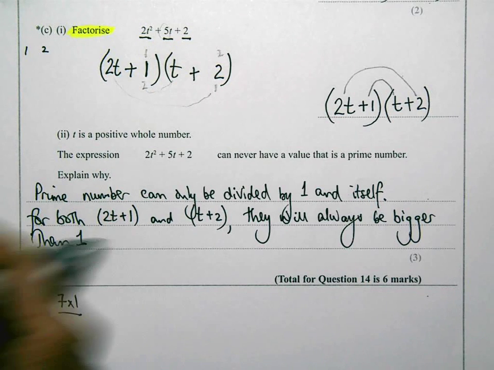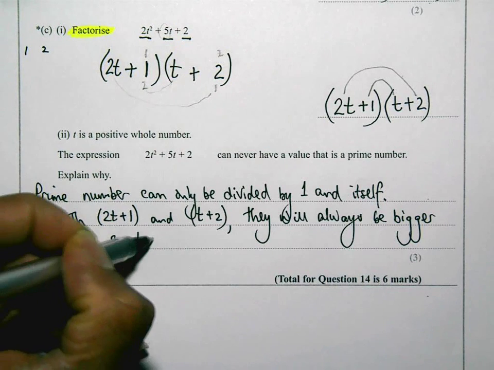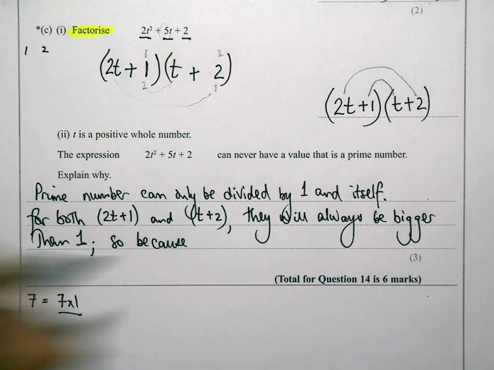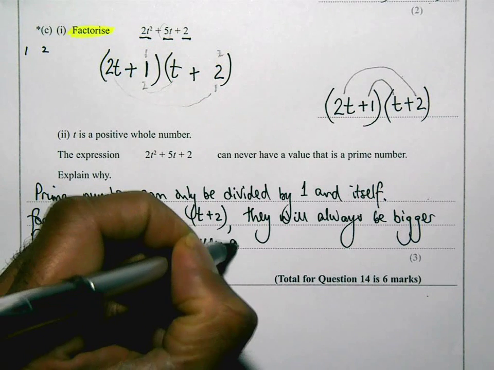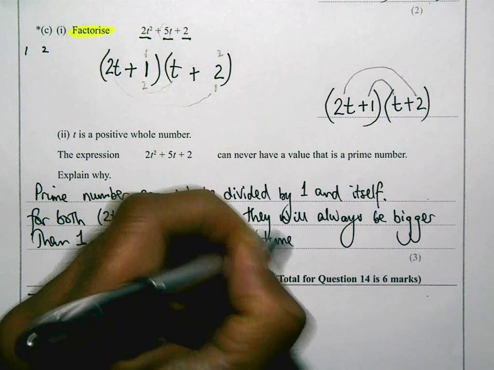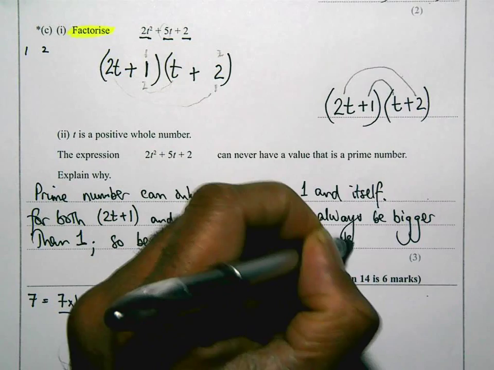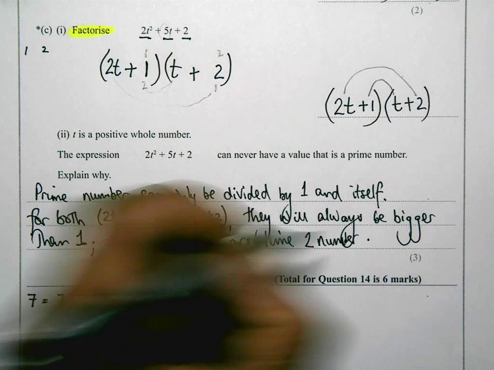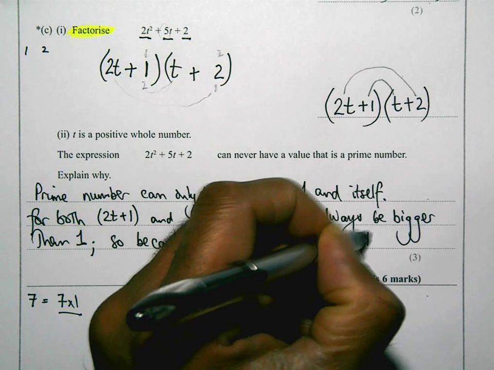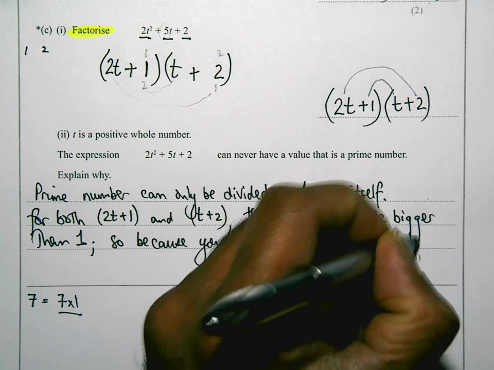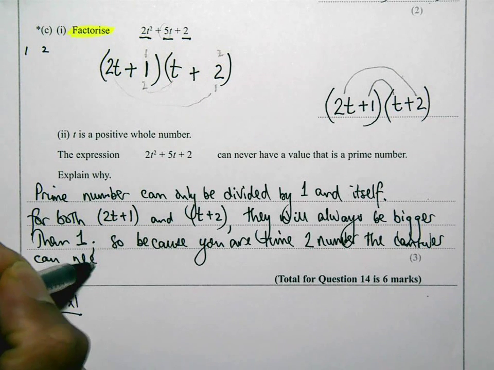So because you're timesing two numbers, the answer can never be a prime number.